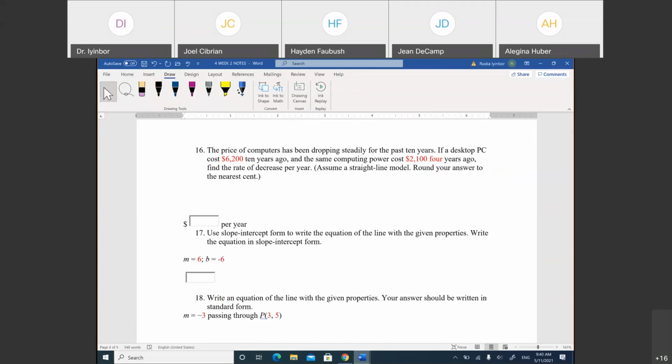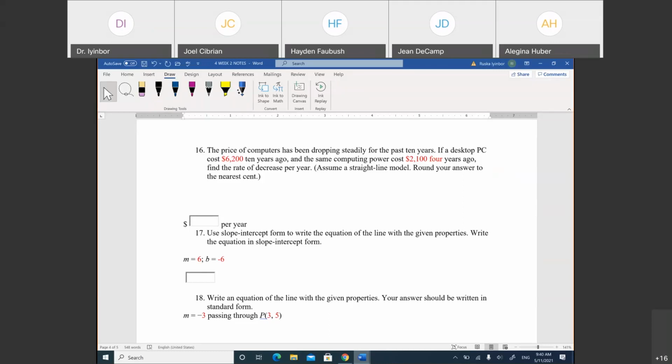If a desktop computer cost 6,200 10 years ago, and the same computing power cost 2,100 4 years ago, find the rate of decrease per year. And you have to round to the nearest 10.